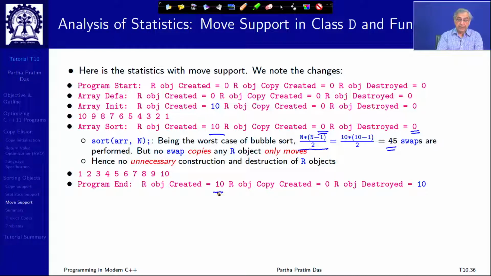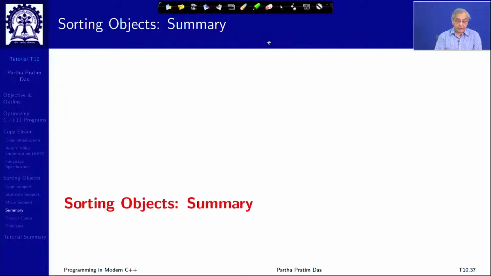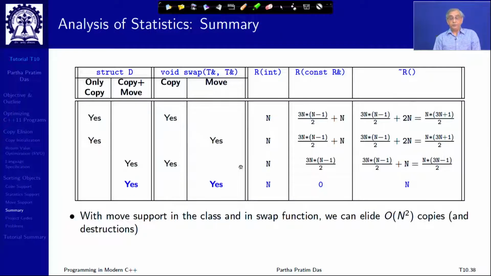Now, at the end you have just 10 constructions for the 10 objects and 10 destructions for the 10 objects. The resources are optimally used. So, that is the direct demonstration of the benefit of what you get by providing the move support.